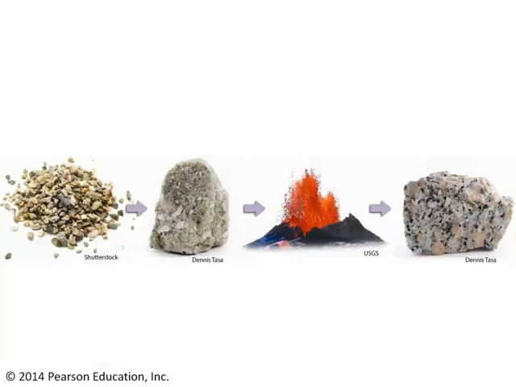In the review material at the end of the chapter, you'll find this diagram, which basically shows sediment transformed into sedimentary rock, transformed into magma, transformed into igneous rock.